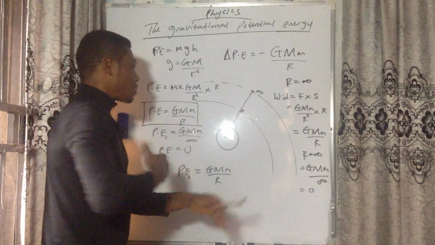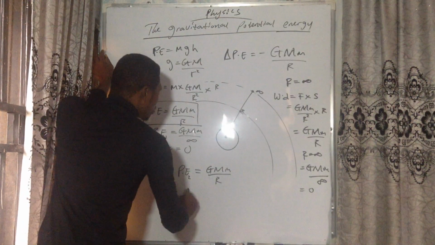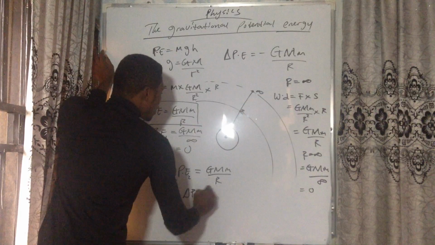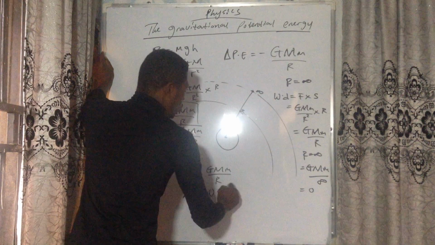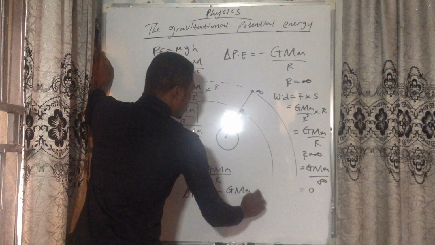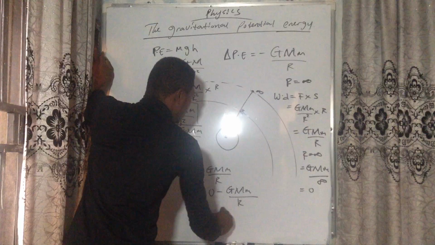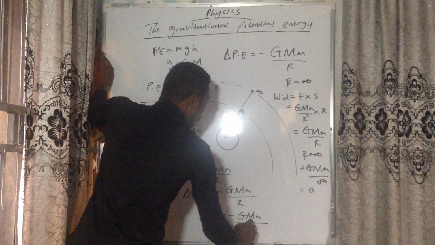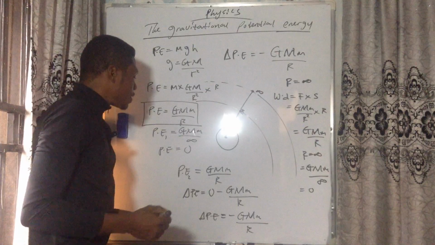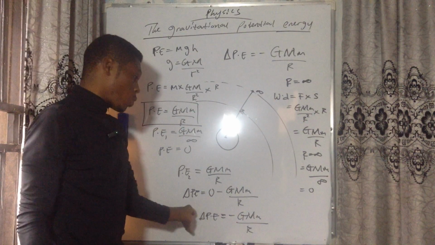So the change in potential energy will be equal to 0 minus GMm over R. So the change in potential energy is minus GMm over R, which is the work done.